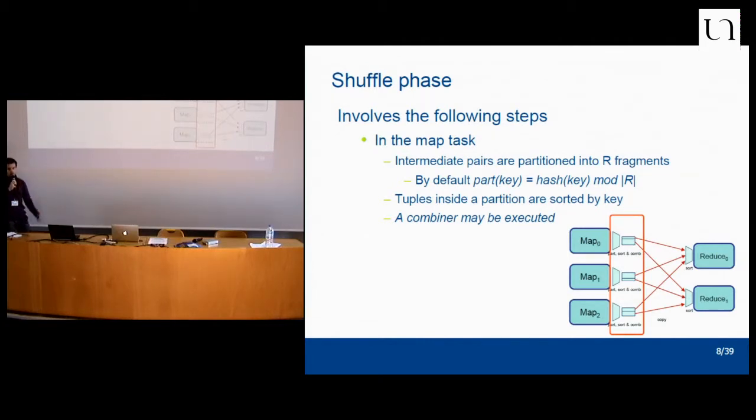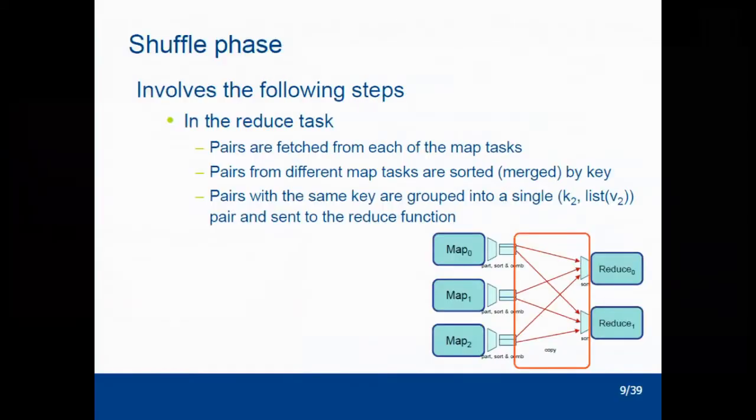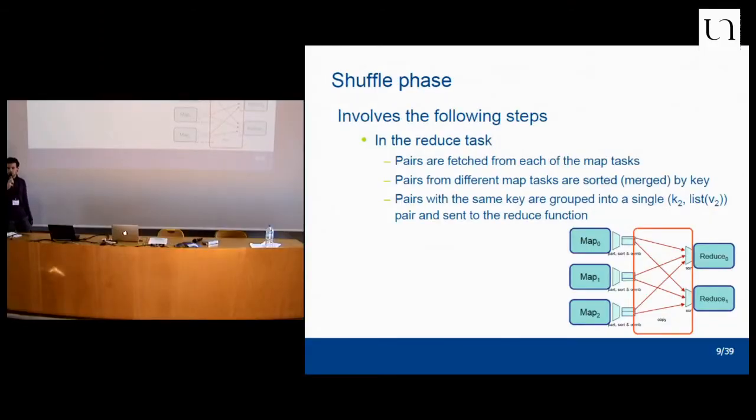Then the tuples within a partition are sorted, and optionally we can apply a function for optimization which is called a combiner. Then in the reduce part of the shuffle, each of the reduce tasks fetches the output of the map tasks, merges the lists, groups the elements with the same key and sends them to the reduce function provided by the user.